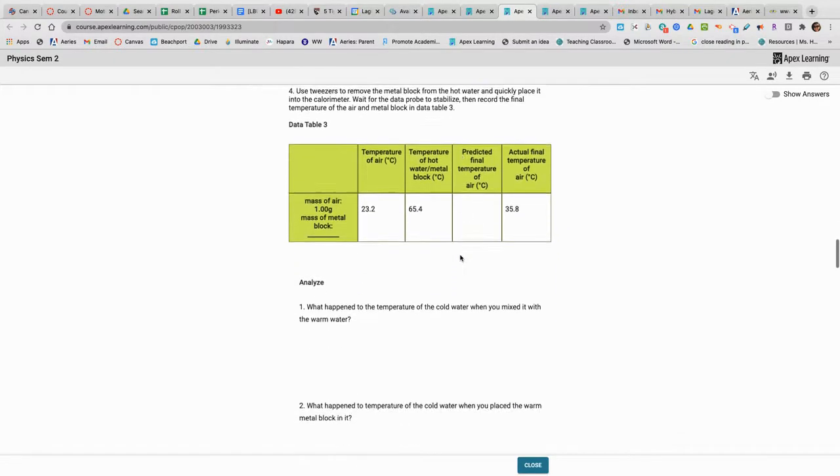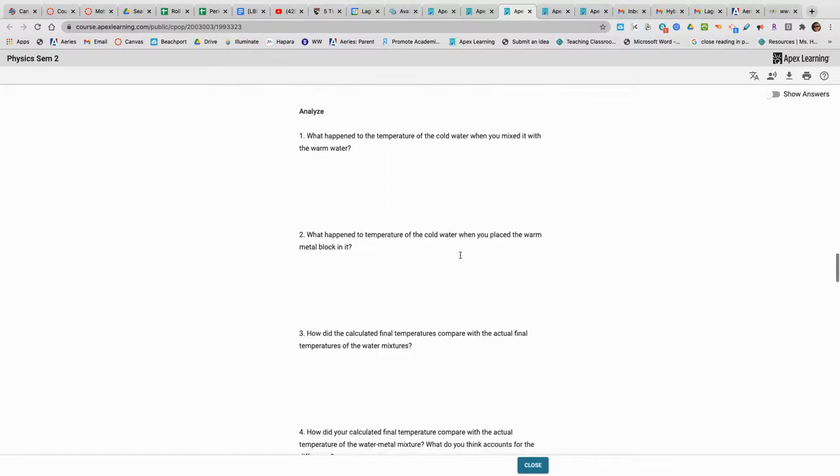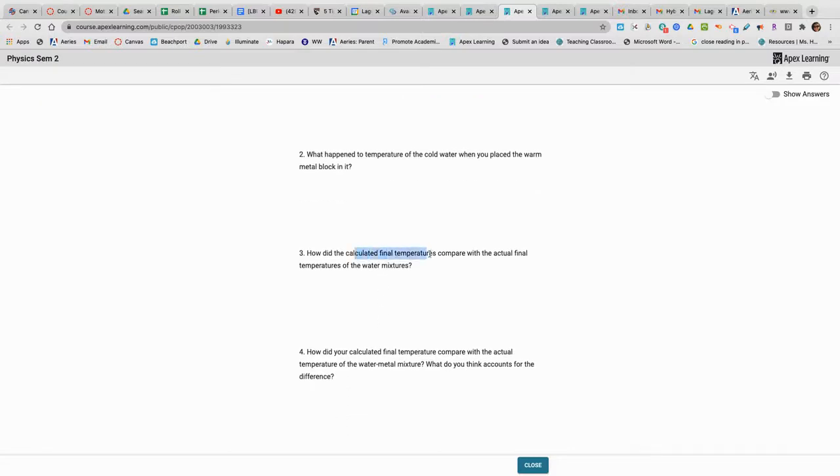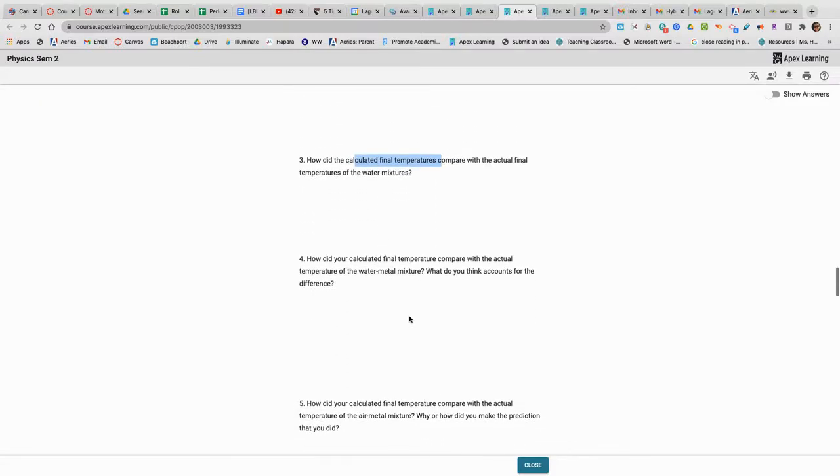And then the analysis questions. What happened to the temperature of the cold water when you mixed it with the warm water? What happened to the cold water when you placed the warm metal block in it? How did you calculate the final temperature? Okay, these are easy questions.